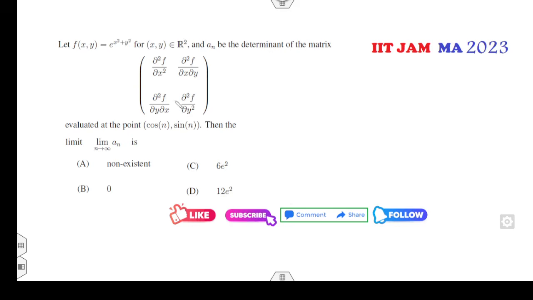Okay, u is the functions, a is the determinants. Again I think it's very simple.